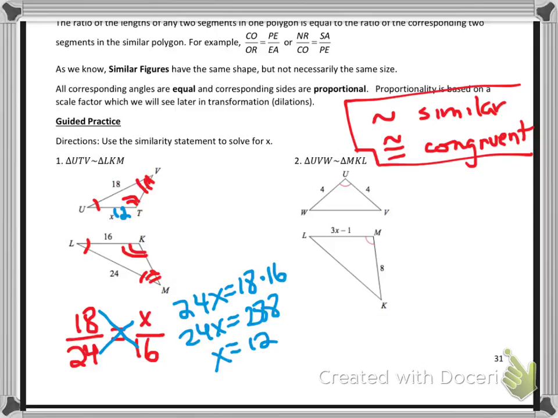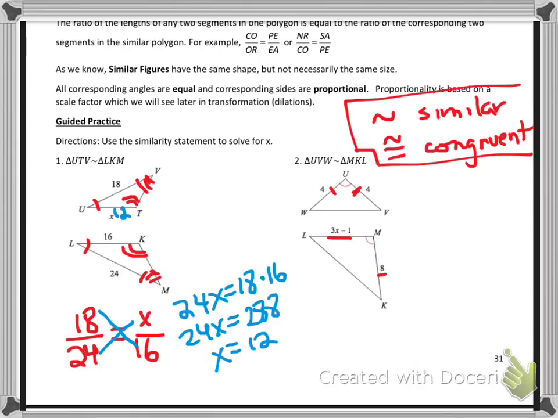All right, looking at number 2. In the first triangle, we see that they're isosceles. We see that these two sides are the same. So if we know that the two triangles are similar, we don't even have to set up ratios like we did on the first one. We can, but we're going to wind up being able to say that this side has to equal this side, because if one of them is isosceles, the other one has to be too.